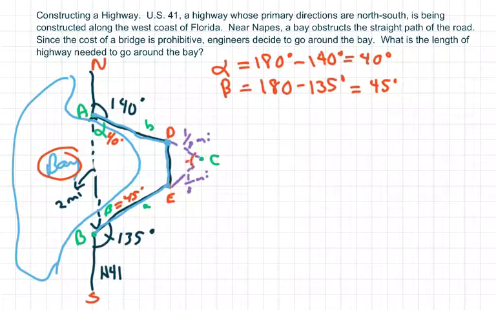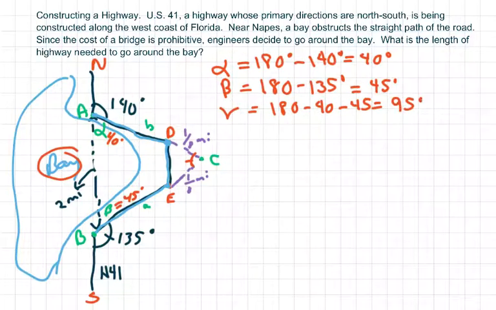Therefore, this angle C, gamma, is going to be 180 minus 40 degrees minus 45, which equals 95 degrees. Once you have all that, then we're just going to use the law of sines. This is 95 degrees right there.